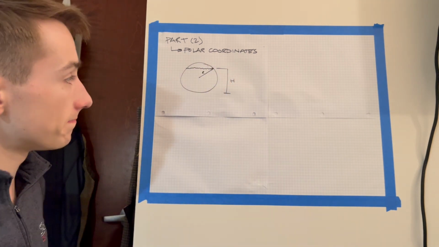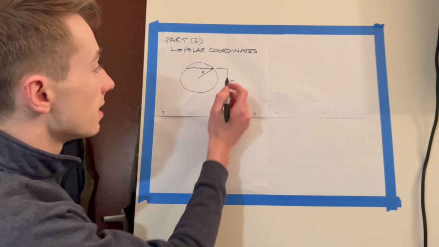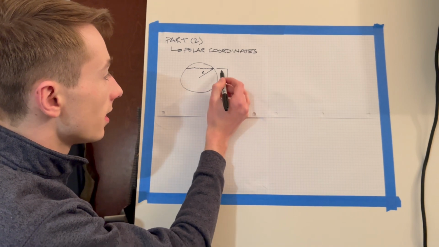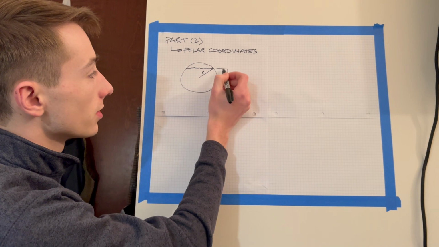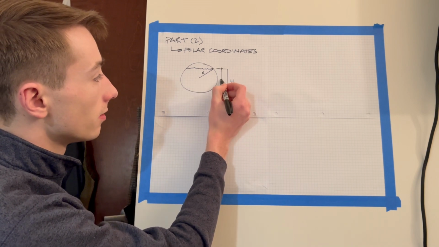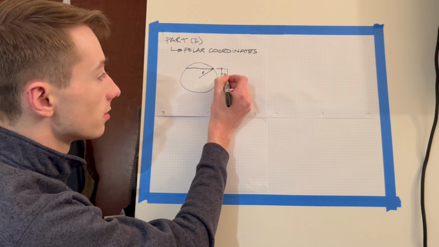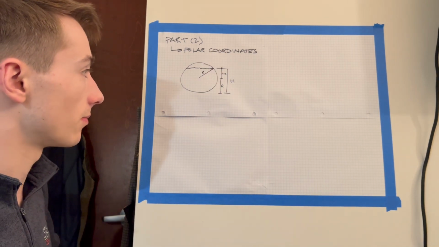Okay, and what else do we need? Once again, if this is our radius r and this is our water height h, then the distance between the centroid and the height of the water is going to be h minus r. Okay, so let's get to solving this problem.